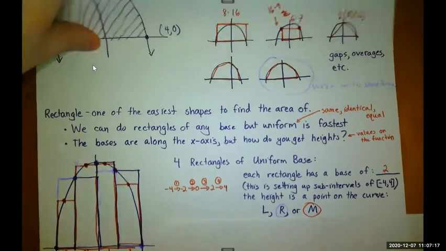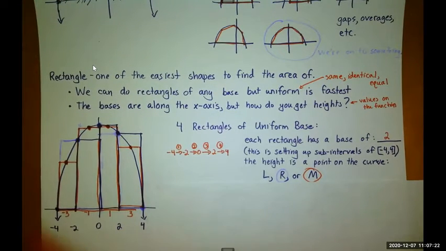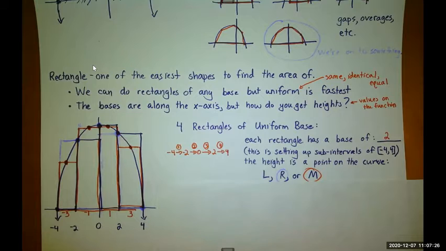So what we're doing to start is we've got our shape here, right? It's the shape formed by the curve and the x-axis, which is sometimes referred to as the area under the curve. I don't like that very much, so I usually say the area between the curve and the x-axis, but they are used interchangeably and correctly.